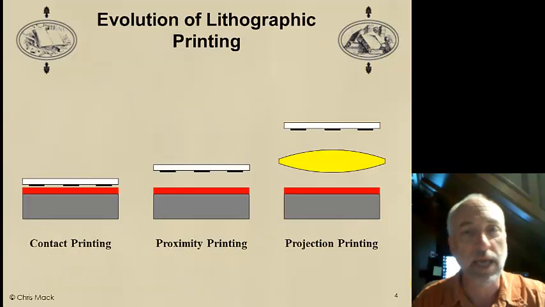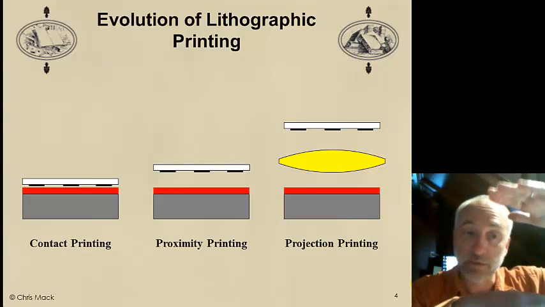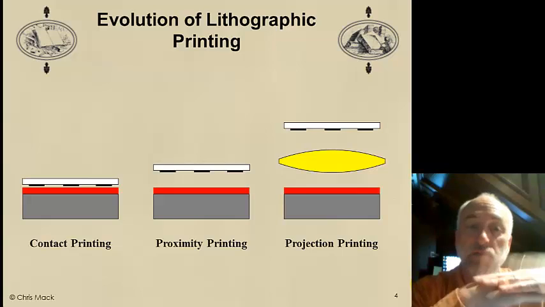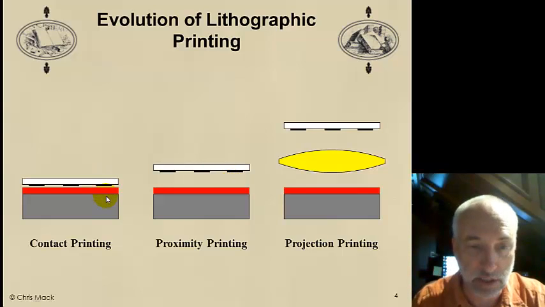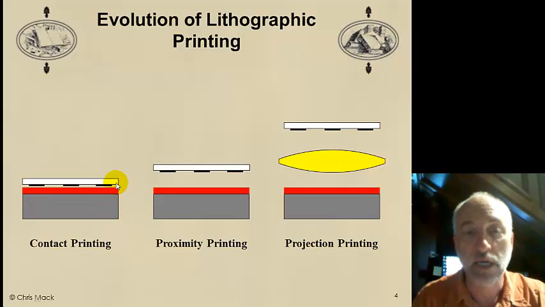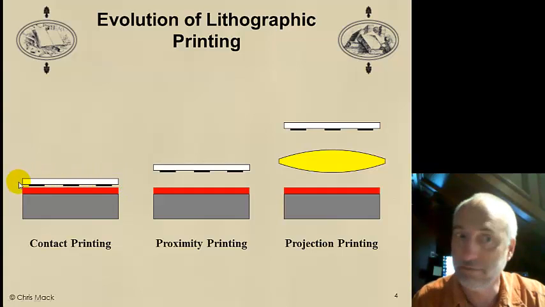Let's look a little bit at this evolution with a simple diagram. Contact printing, as the name implies, means I take my mask and I put it in direct contact with the photoresist coated wafer. Here the red represents our photoresist on top of a wafer, which might have whatever film stack on it that we need. And we have a photomask, which is a fused silica plate.